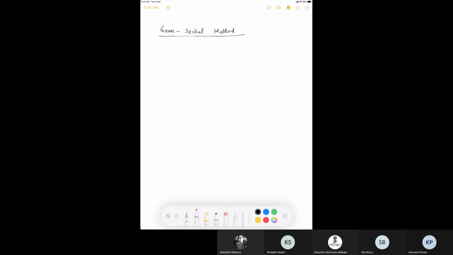Okay, so the summary of this method is that we use the information which we obtain in the calculation of each new component.